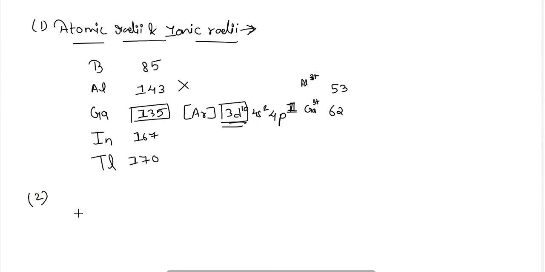Okay, next is the ionization potential or ionization enthalpy, for boron, aluminium, gallium, indium, and thallium.